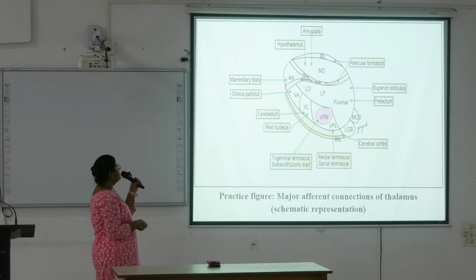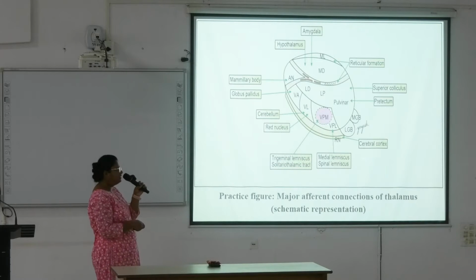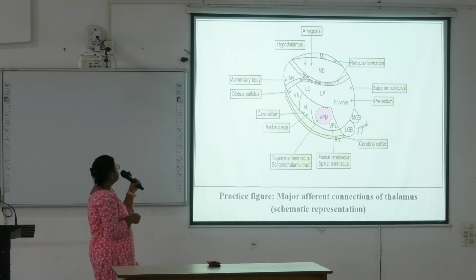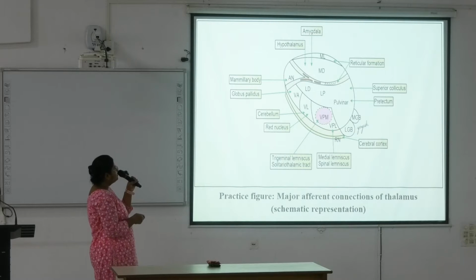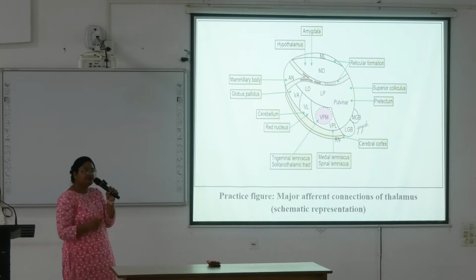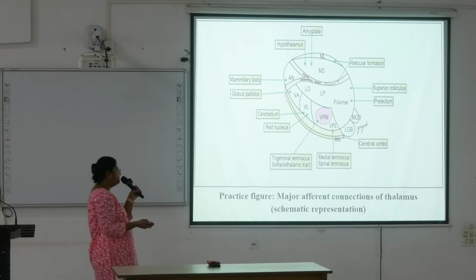Trigeminal lemniscus, solitariothalamic tract going to the ventral posteromedial nuclei. Cerebellum, red nucleus connected to ventrolateral nuclei. Globus pallidus to the ventroanterior nuclei. Mammillary body to the anterior nuclei. Okay. So all these are afferent connections of the thalamus.